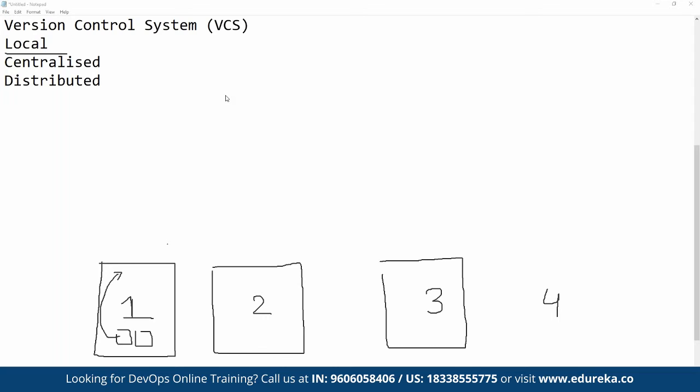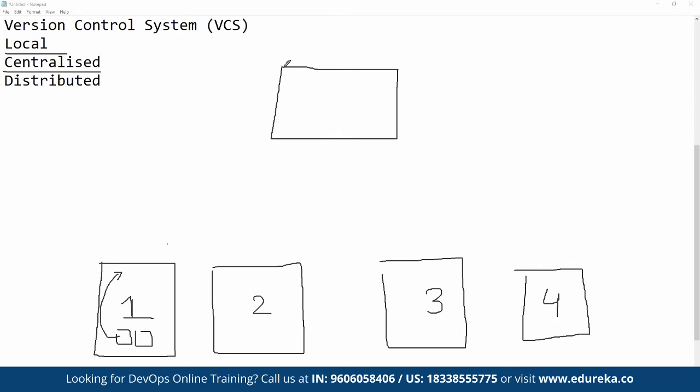Then we have centralized. Once these developers are done working on their own workspace and are done with the code, they can upload the code directly to a centralized remote repository. This is basically a remote repository stored somewhere on the internet, and it can be from any service provider.